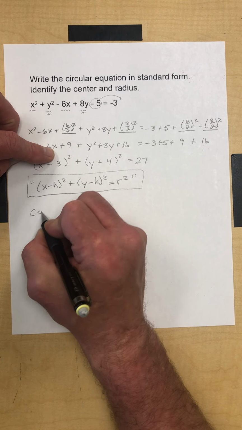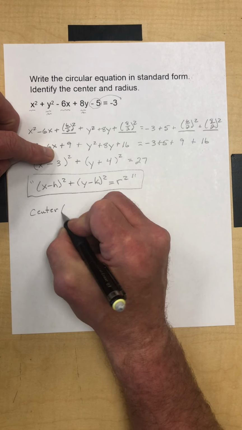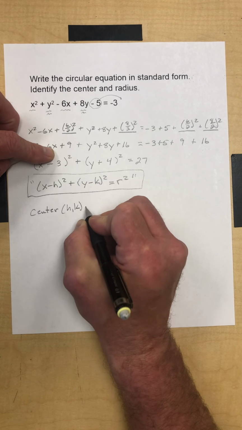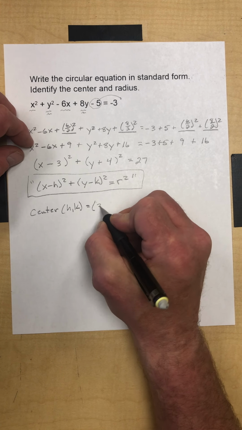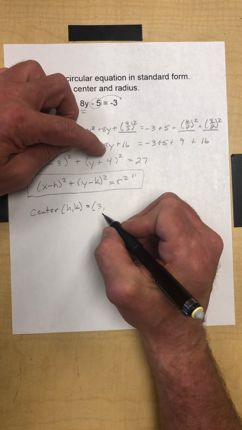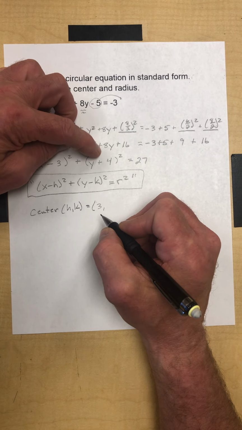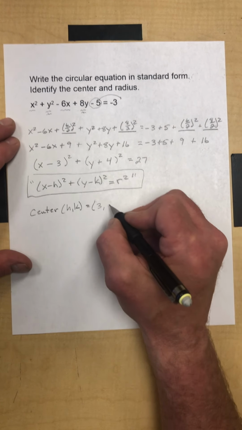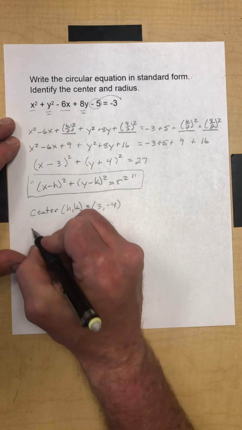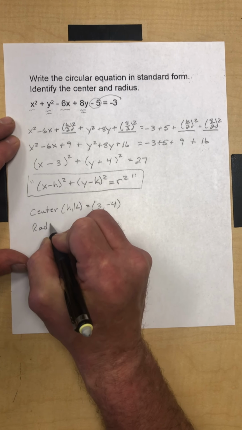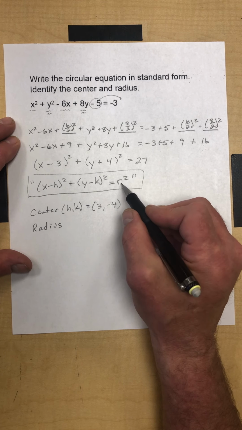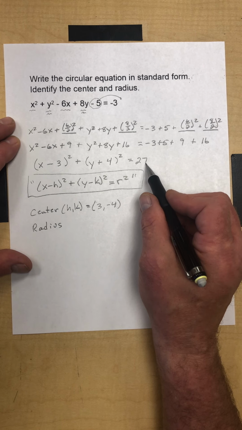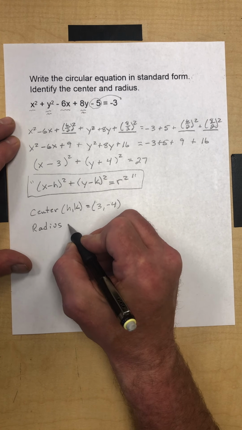So my center, which is my (h, k), x minus h, so h is 3. y minus k, so that'd be y minus a negative 4, so k is negative 4. And then my radius would be the square root of this. This 27 right here is r squared, so the square root of that would be my radius.